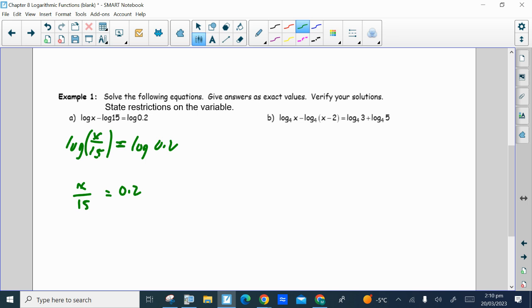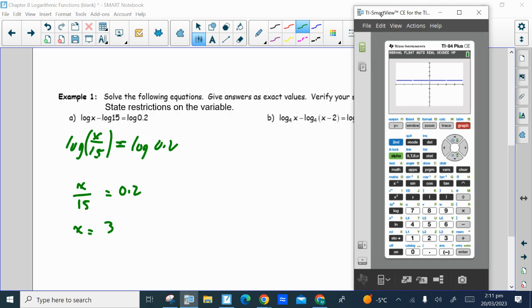So essentially, we're dropping the log base 10 from both sides. But it relates back to the fact that the two sides are equal. And if the log base 10 parts are the same, the other parts are the same or equal as well. So that's what we're really doing here. And then to get x by itself, you'd multiply both sides by 15. And 15 times 0.2 would be 3. And there's our answer.